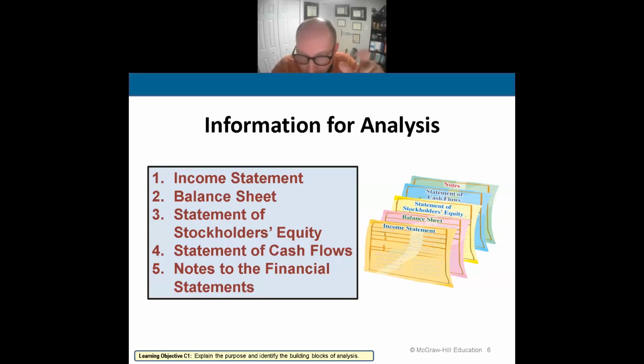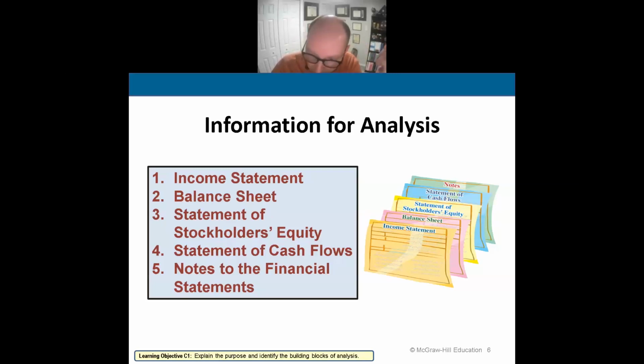Here's a formula I want you to know. Very important formula. For the income statement: revenue, which is sales, minus cost of goods sold.